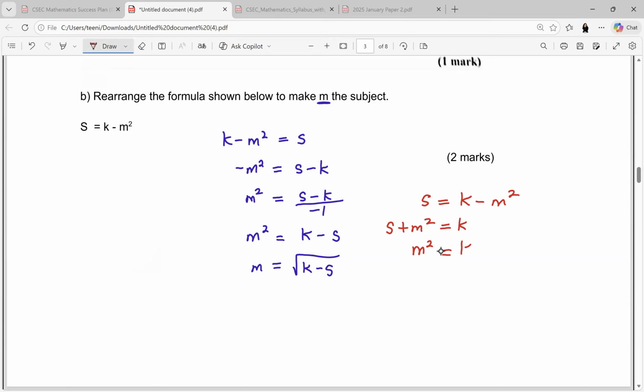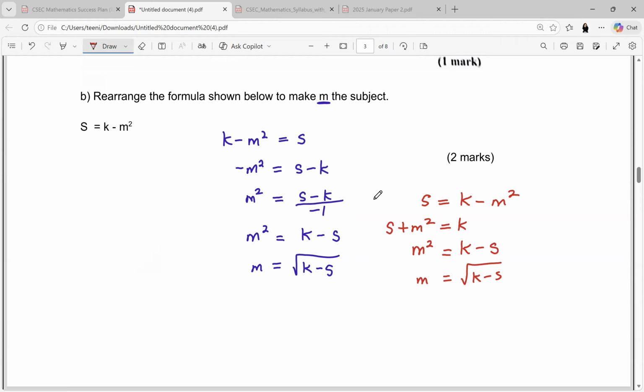So M squared is equal to K take away S. And so M is equal to the square root of K take away S. As you can see, it's the same answer, right? I find the second one much easier than the first one, but whichever way is better for you.